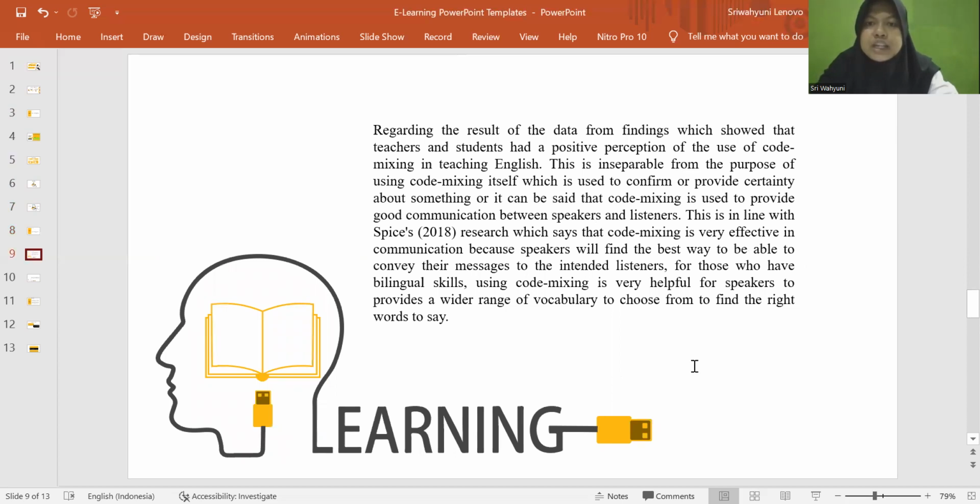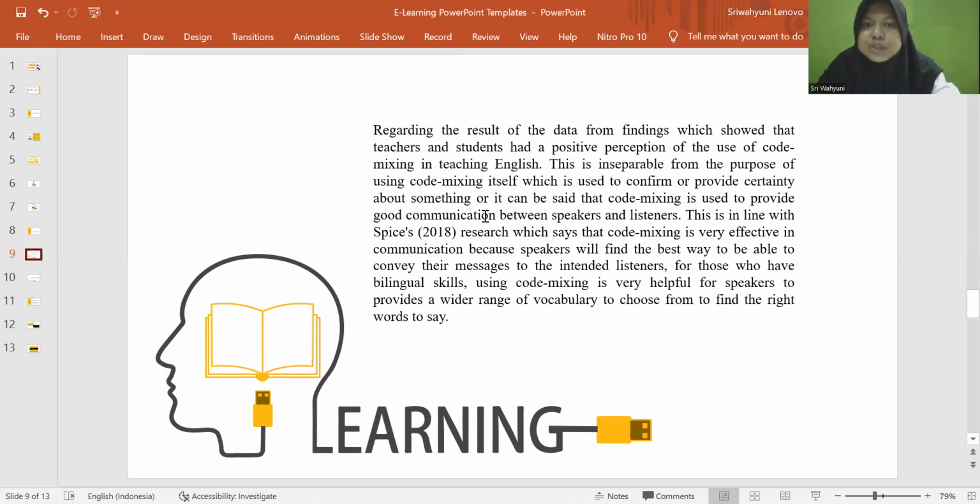Regarding the data from the findings, which showed that teachers and students had a positive perception of the use of code mixing in teaching English, this is inseparable from the purpose of using code mixing itself, which is used to confirm or provide certainty about something, or it can be said that code mixing is used to provide good communication between speakers and listeners.